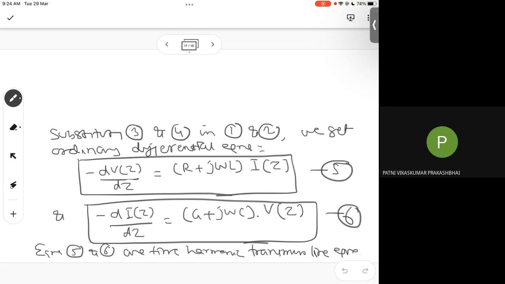Now I substitute dVz by dz, which I got, into equation number 5, where it's already there. So it will help me in decoupling, and that's how we decouple. Let's see how to go about that.